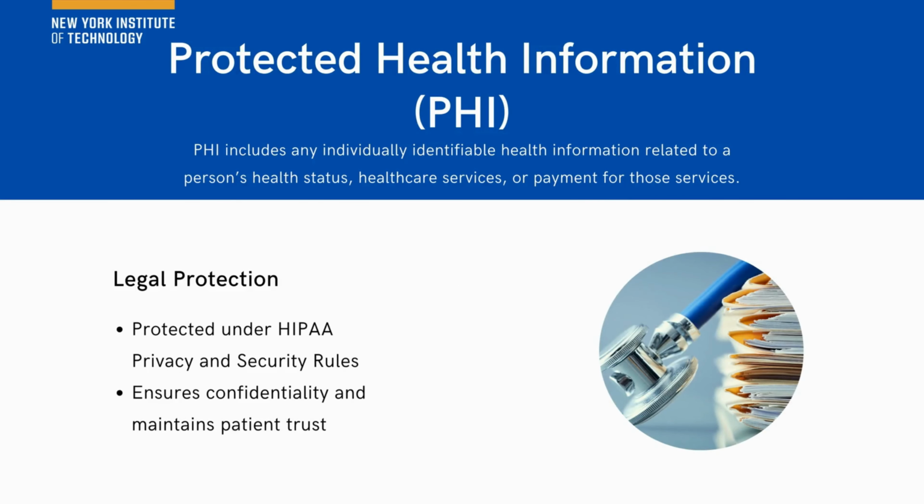Protected health information, or PHI, refers to any individually identifiable health information connected to a person's health status, healthcare services, or payment for care. PHI is protected under HIPAA privacy and security rules, which require strict confidentiality to prevent breaches and maintain patient trust.